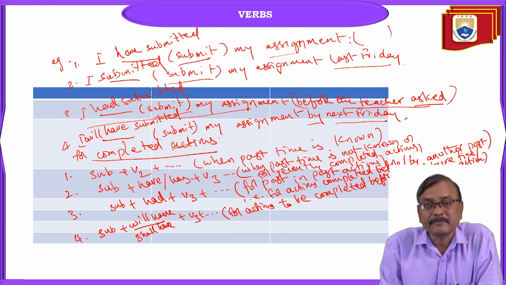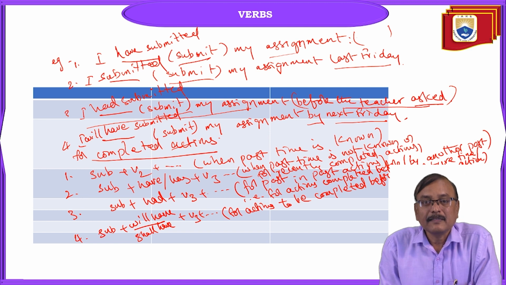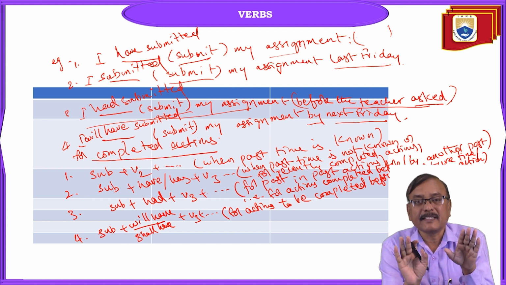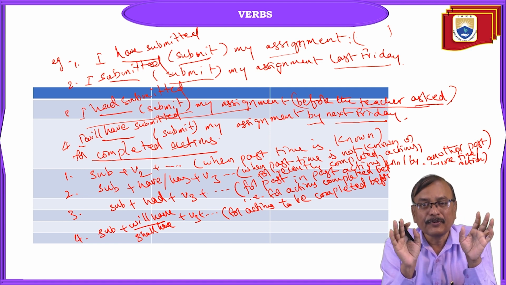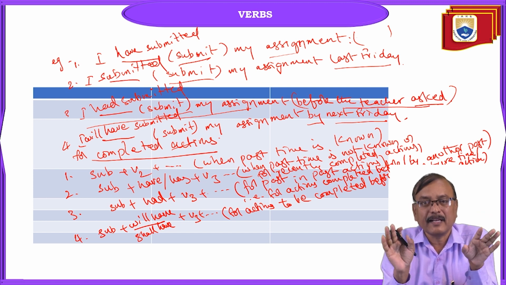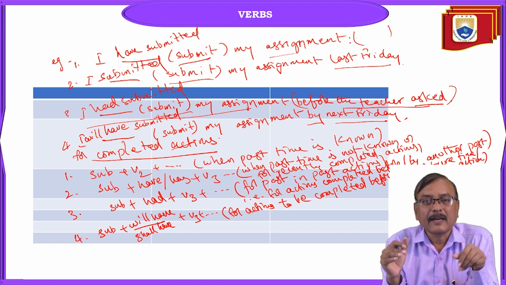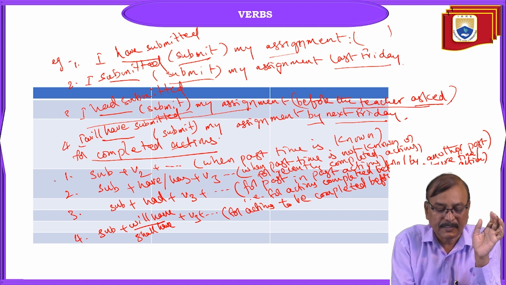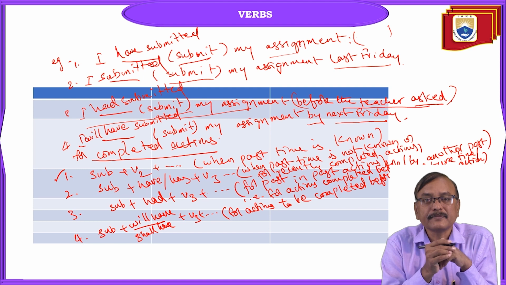This is a comparison for completed actions here. If you know the time of the action completed, like yesterday, last week, last month, 2 days ago, 2 weeks ago, or in 1947, if you know the past time, just go with subject plus V2 form.